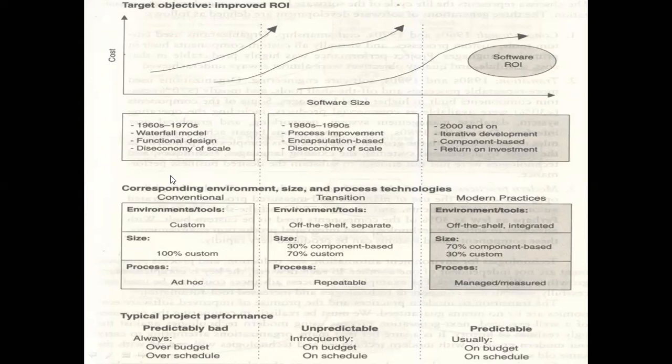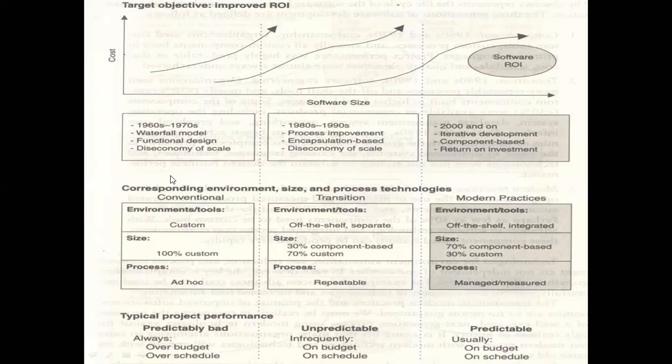And the last one is your modern practices: iterative development, component based, return on investment. These were some of the things that happened gradually with time. And the next one is about the tools. Tools in conventional practices were custom based tools.